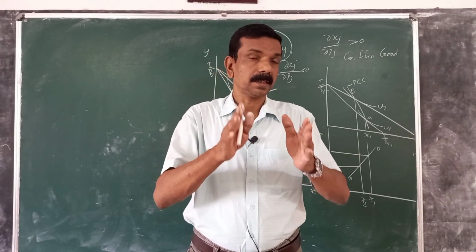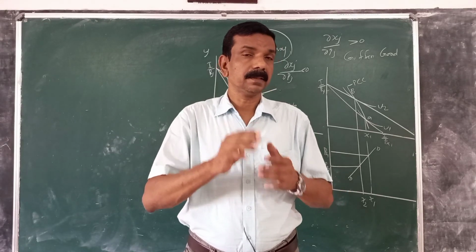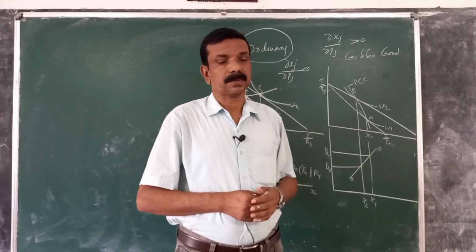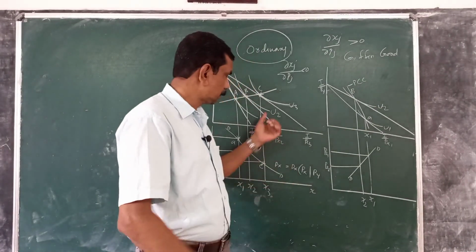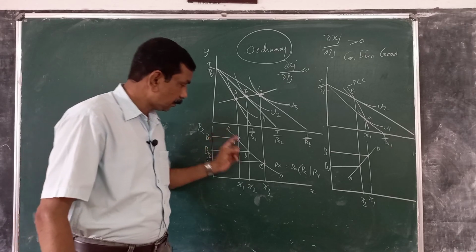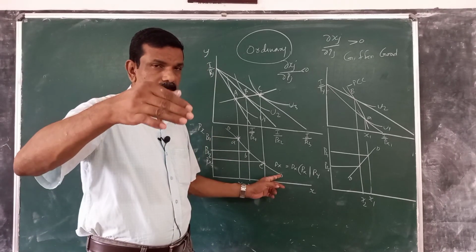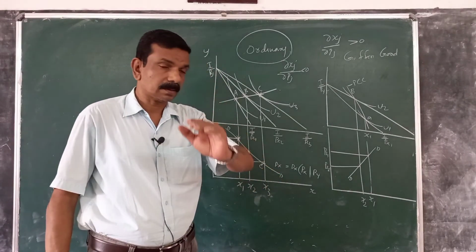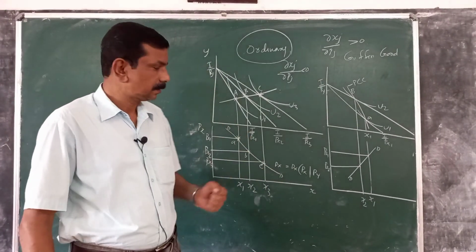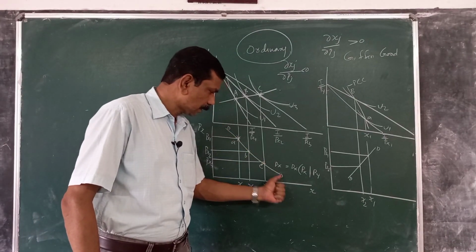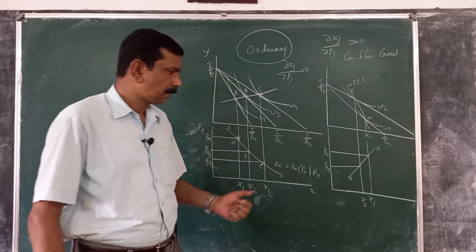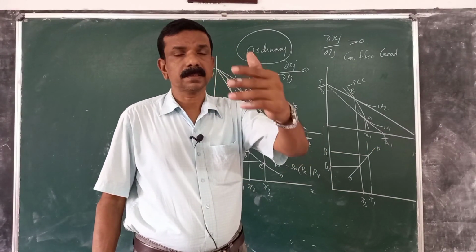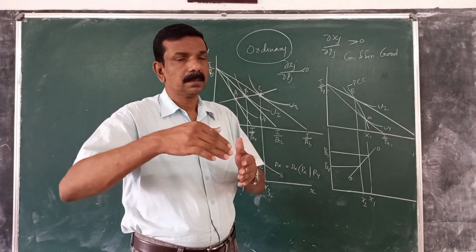Remember these points: in terms of income effect, normal and inferior; in terms of price effect, ordinary and Giffen goods. And this is how we derive the demand curve from indifference curve analysis, that is, the comparative static analysis of a price change. Most of the commodities obey the law of demand. One exception is the case of Giffen goods, which we will discuss in detail in a later class.